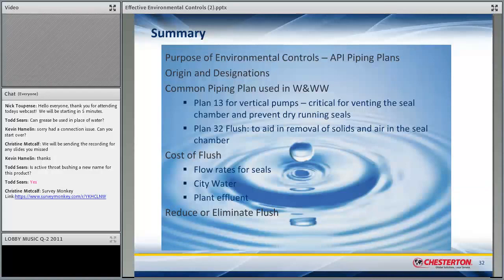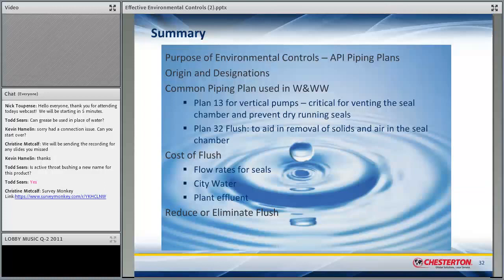Once again, one comment I made during the presentation was with respect to vertical pumping applications, which are quite common within the industry, and one of the major causes of mechanical seal failure is the lack of a venting process to remove air from the seal chamber. That is something that really needs to be specified.